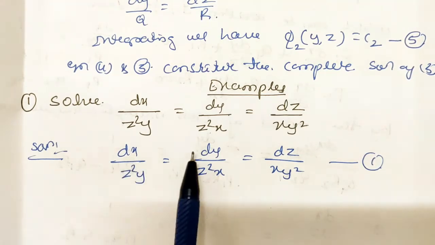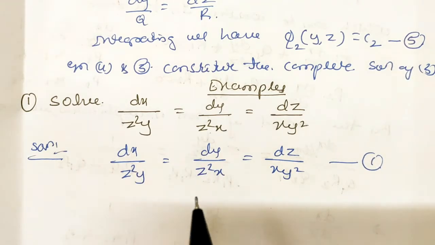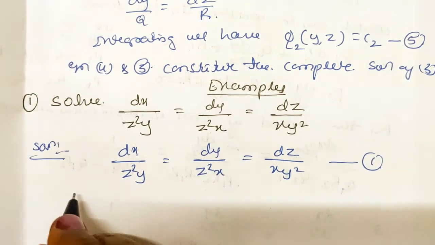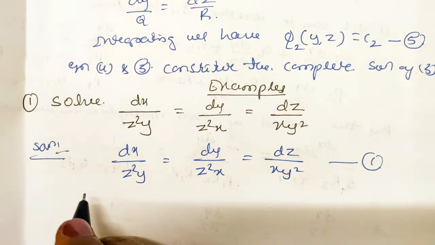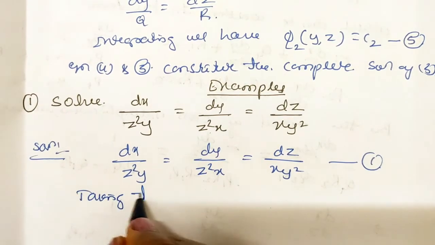So we have only two variables, dx by y and dy by x. Then easily we can solve this one. For that purpose, consider the first and second members.